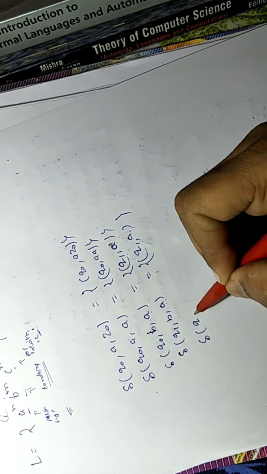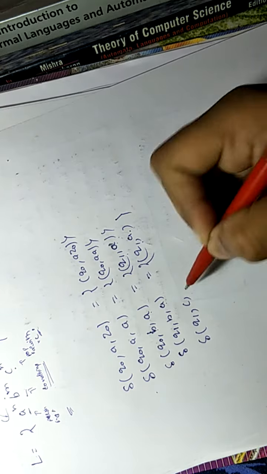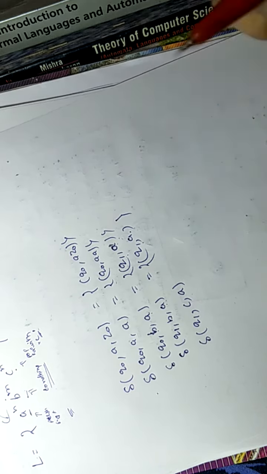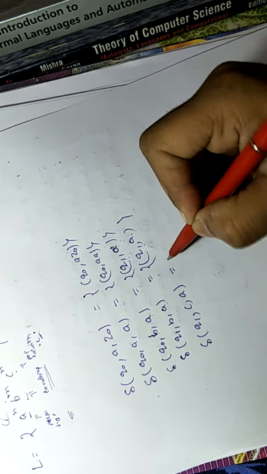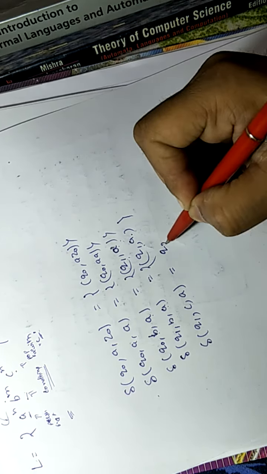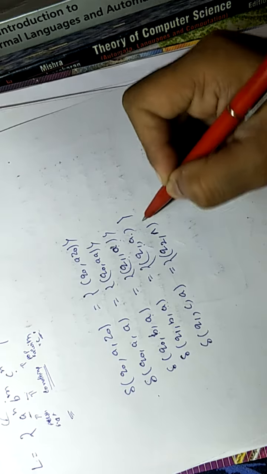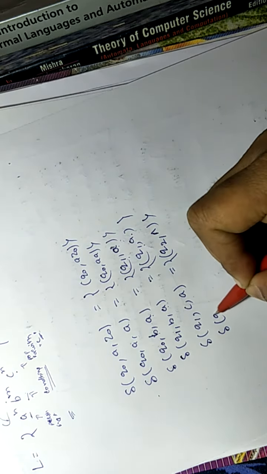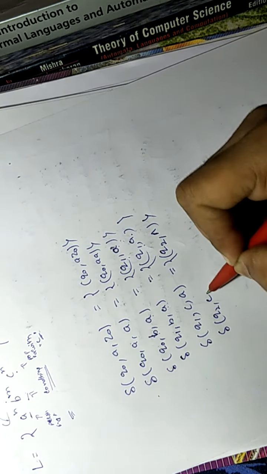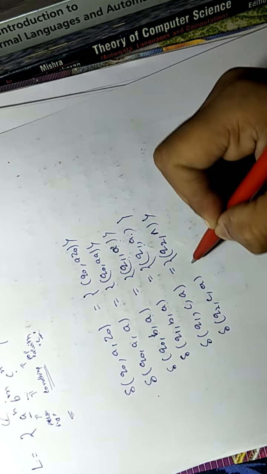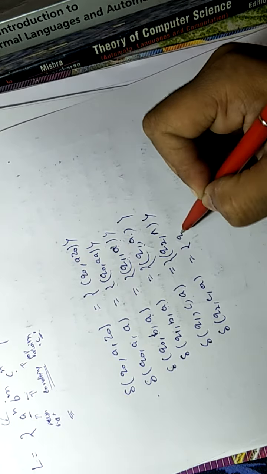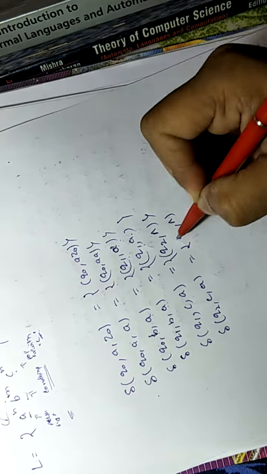After that we get the c and a is on the top of the stack. Now it is the first c, so change the state and pop it. Now at q2 we get c again and a on the top of the stack, so we can pop it.